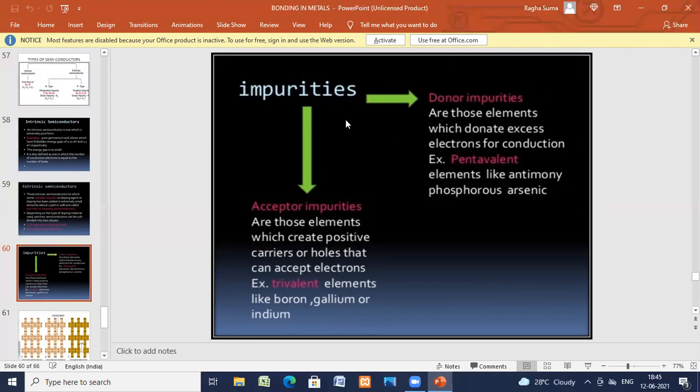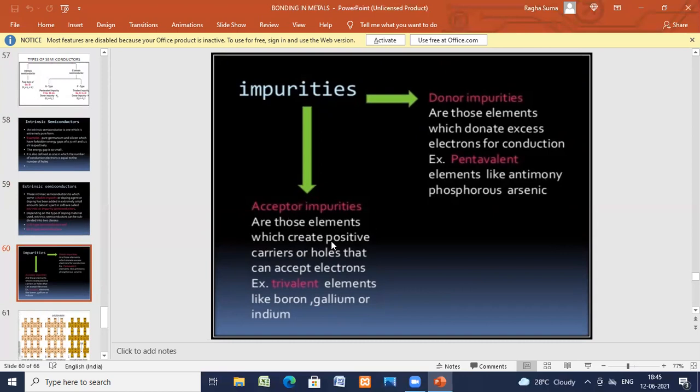So the impurities are of two types. Donor impurities are those elements which donate excess electrons for conduction, and they are pentavalent. Antimony or phosphorus have 5 valence electrons, which will be given here.